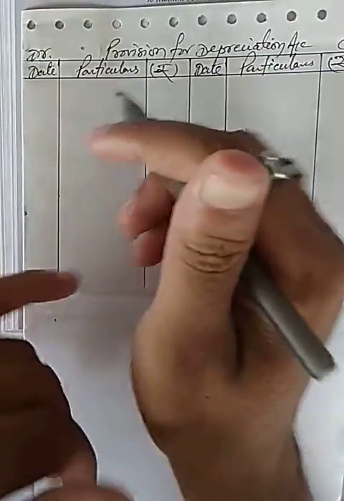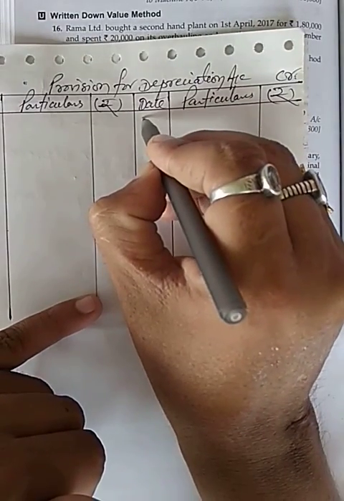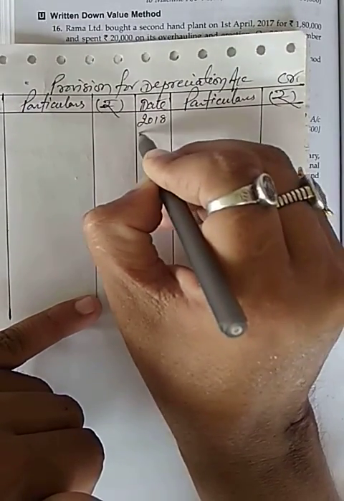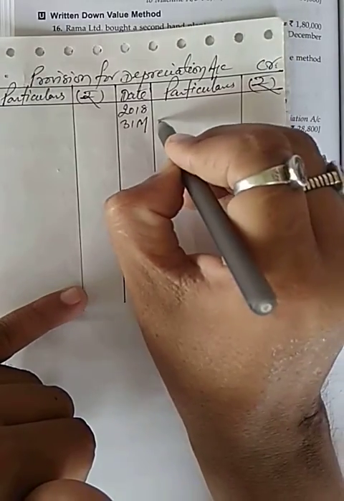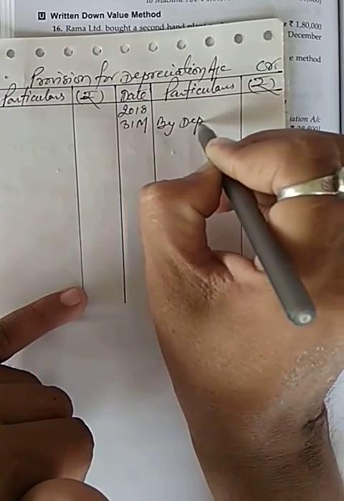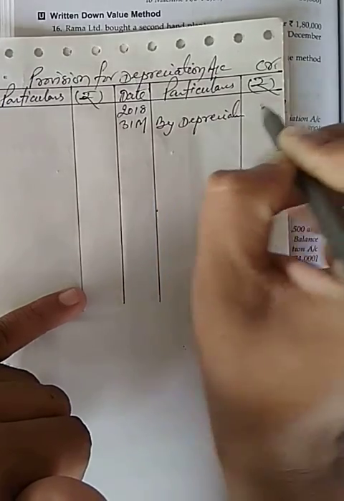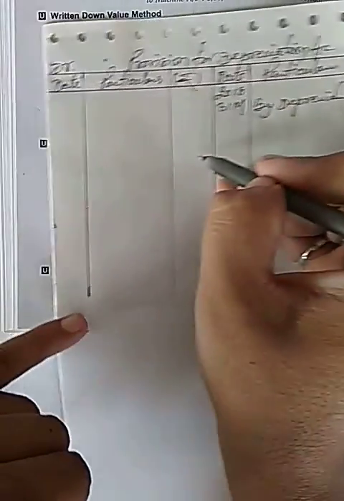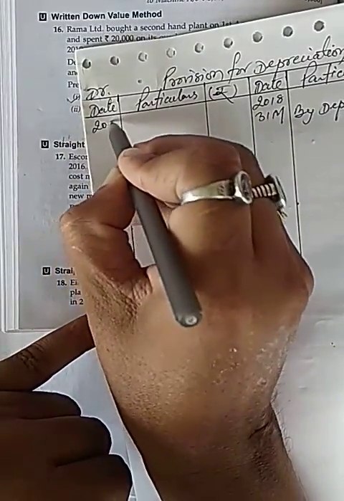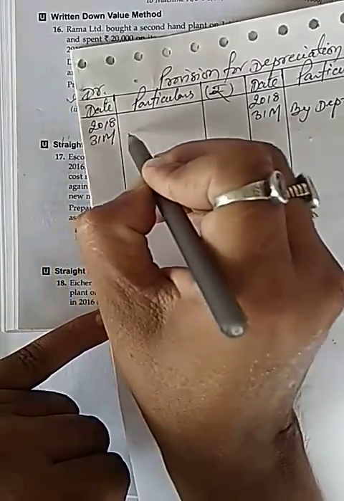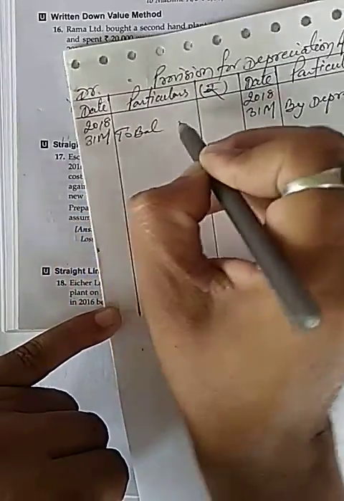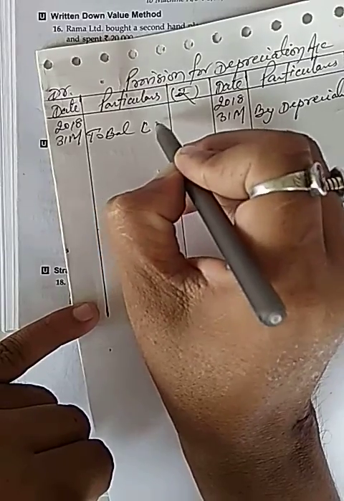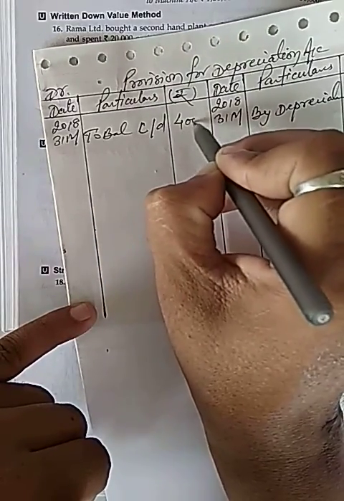Now in the provision for depreciation account on 2018 31st March, it will be by depreciation account 40,000, and on 2018 31st March to balance CD will be 40,000, and this year will close.